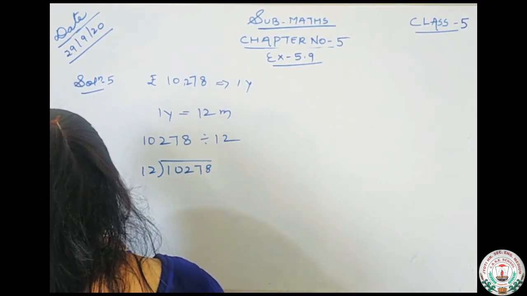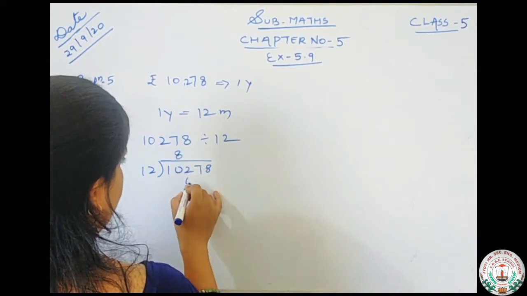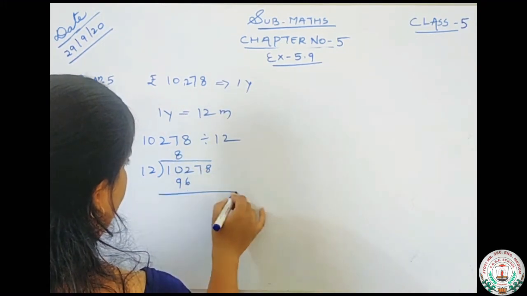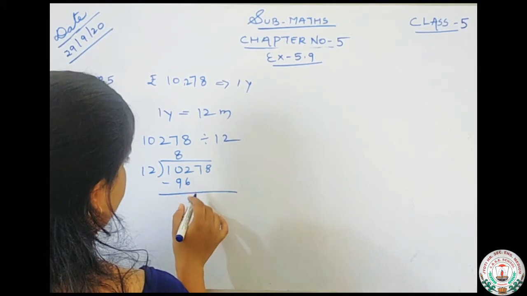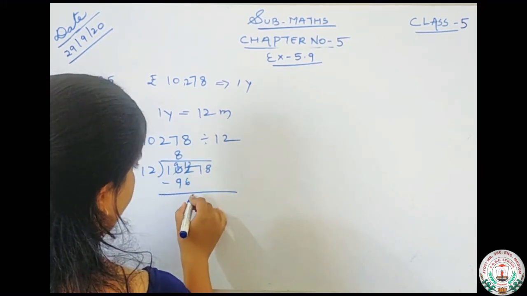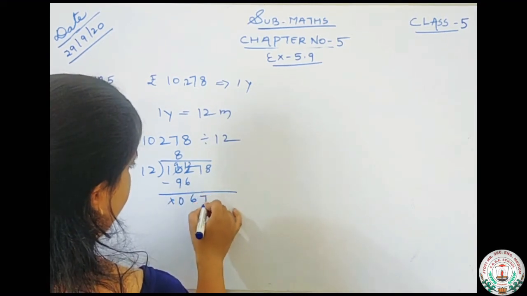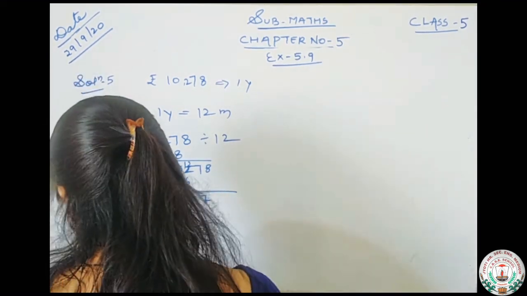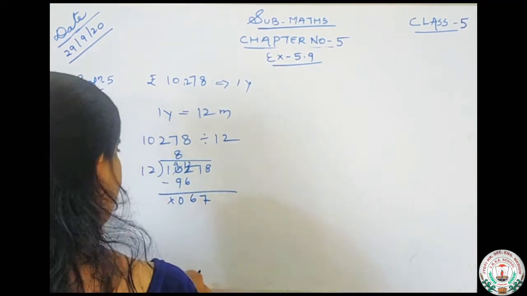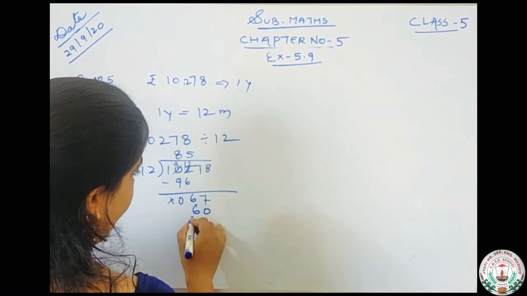Divide this by 12. 10278. 12 eights are 96. So here will come 9, here will come 12. 12 minus 6, 6. 9 minus 9, 0. Next number we will note down, 7. So in the table of 12, 60, 12 fives are 60.